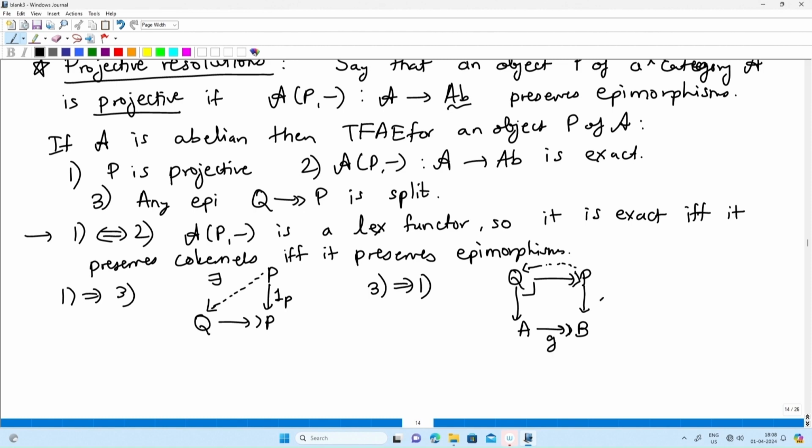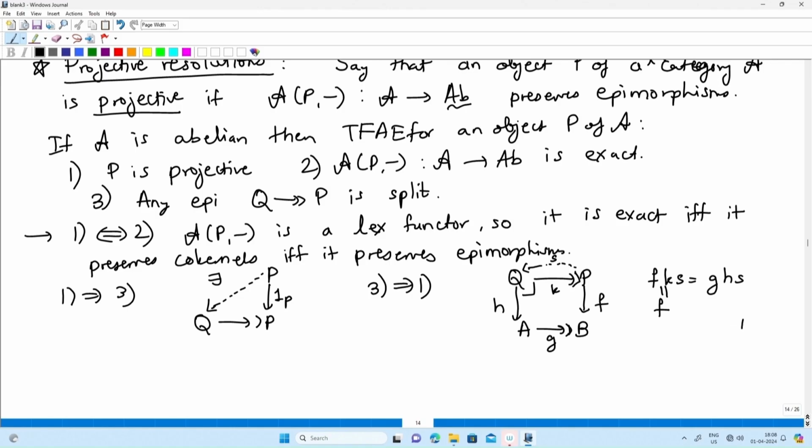This is G, this is F, this is H, this is K, and this is S. So there is S over here, which is a splitting for K. Then what happens with FKS? FKS is equal to GHS. But FKS is nothing but F. So we are done. We wanted a factorization of F through G. So we got it.